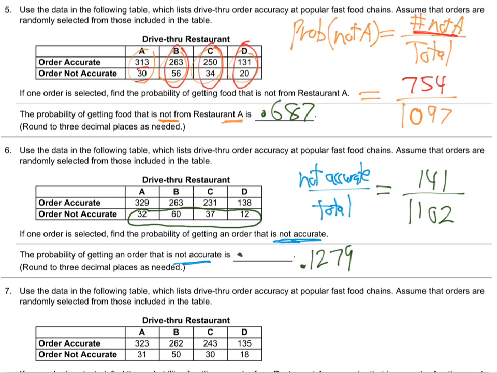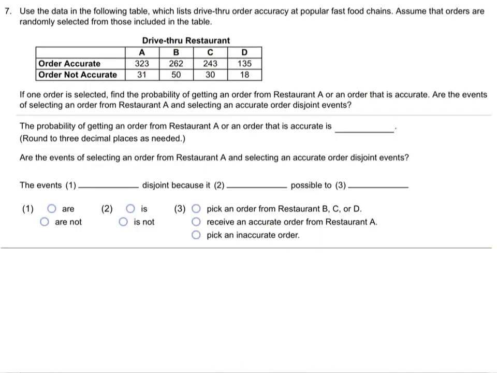So that would round to 0.128. Is that good? For 7, I don't know exactly what it's asking. Because it says, find the probability of getting an order from restaurant A or an order that is accurate. Yeah, I'll show you. Are we good on 6? They get a little more tricky with their language.